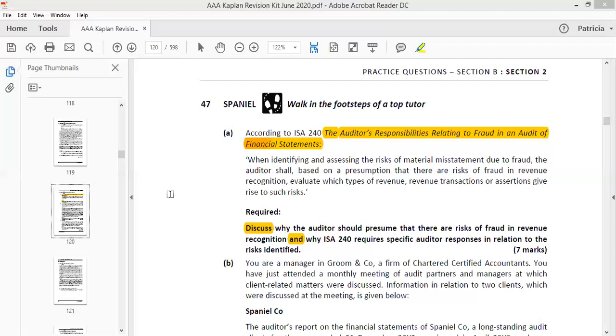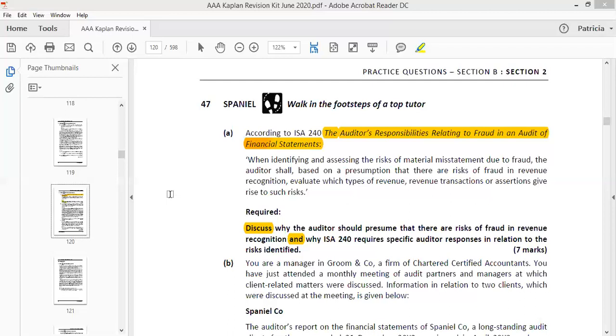So in this situation, it causes a high risk for theft and even manipulation of revenues to conceal the crime. So it means that they can even do money laundering because of the cash-based business, if it's highly cash intensive. So that's another reason that you can give as to why the revenue should be considered as a high-risk area for fraud.